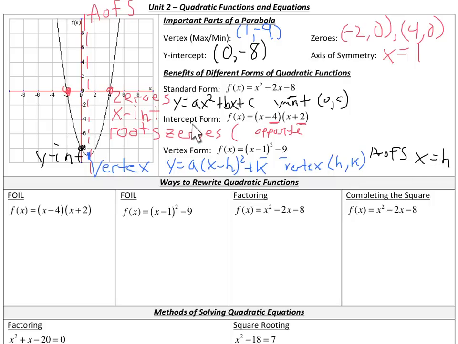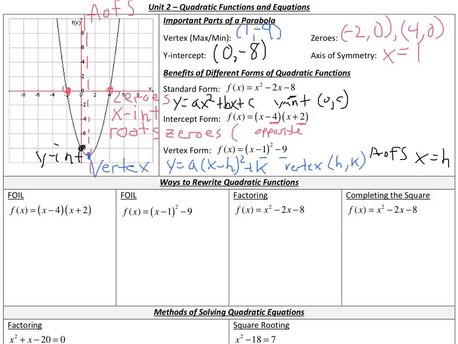The intercept form is a little bit more complicated to get your axis of symmetry, but look at this. Look between those two red dots. Isn't the axis of symmetry exactly between? Isn't it the average of these two dots? Doesn't average mean between two things? So could I average these two numbers to get my axis of symmetry?